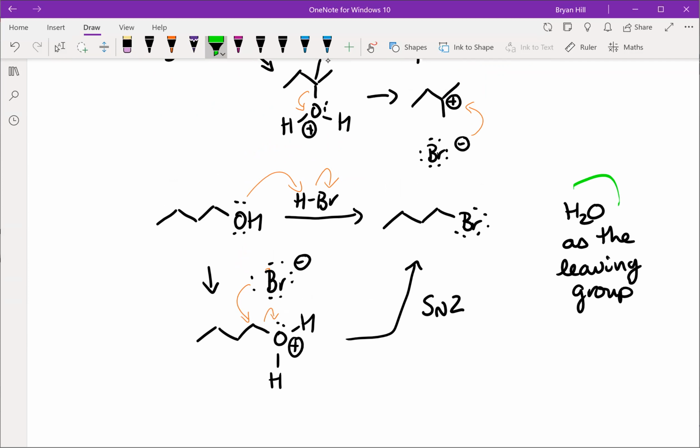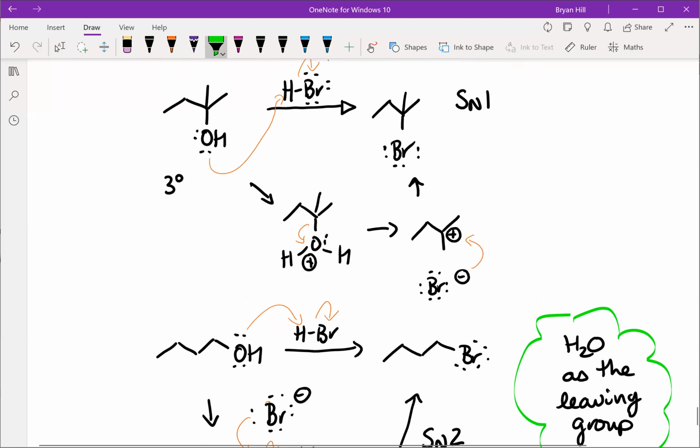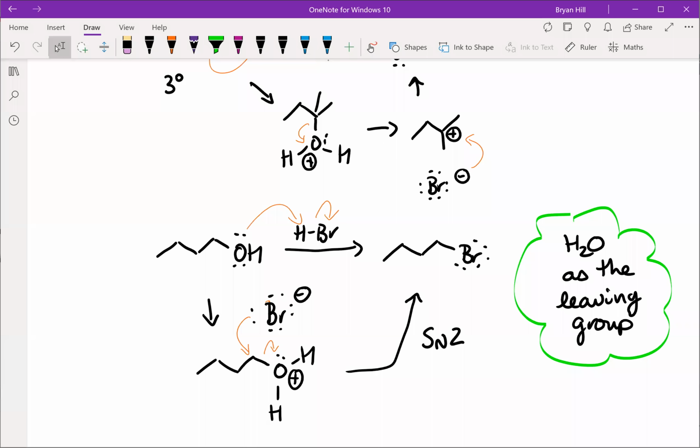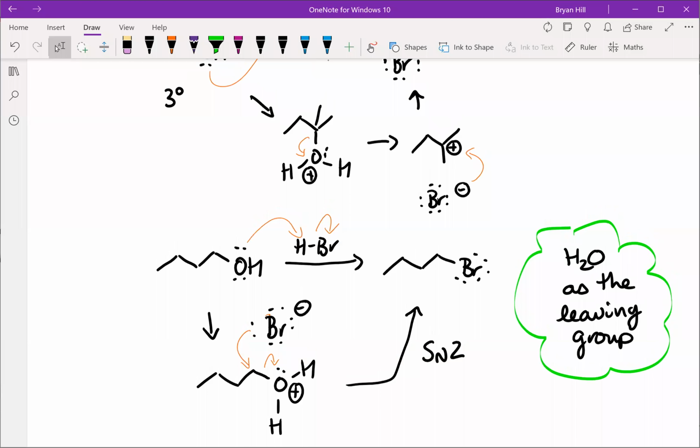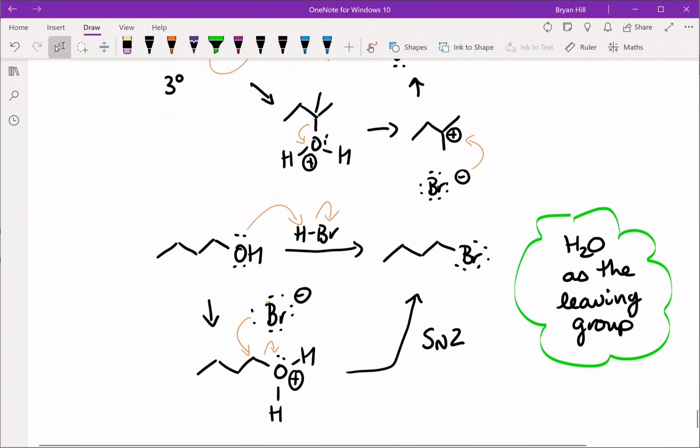Now, these reactions work. Problem is, there's a lot of functional groups that are acid sensitive. So if you had a really complex molecule, this type of chemistry isn't going to work because the acid's going to react with something else. But both of these things are possible.